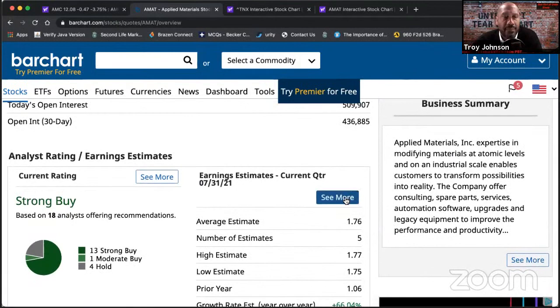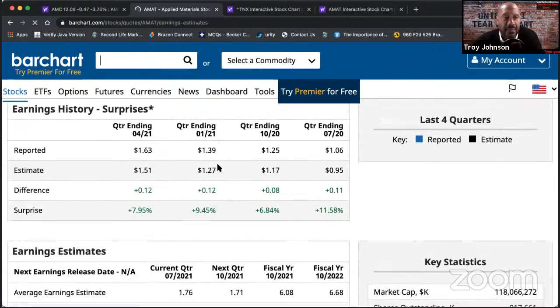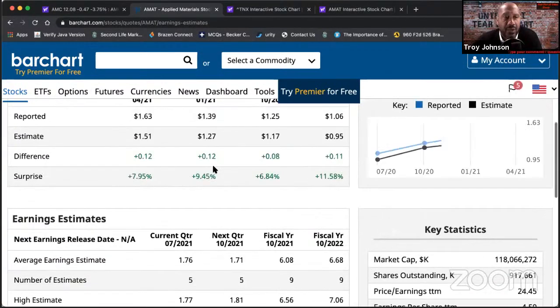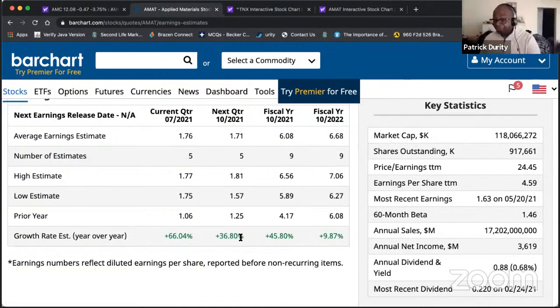Hit see more there. Yep, right there. Let's come down and look at the growth rate and the earnings. Growth rate next quarter, look at that, 36%.